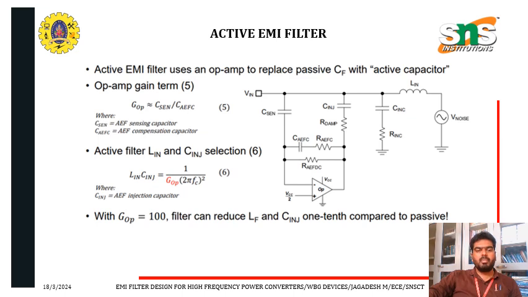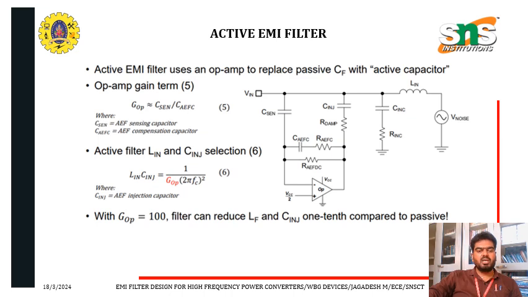The op-amp gain term, GOP, is approximately CSEN by CAEF, where CSEN is the AEF sensing capacitor and CAEF is the AEF compensation capacitor. Next, active filter LIN and CINJ selection.